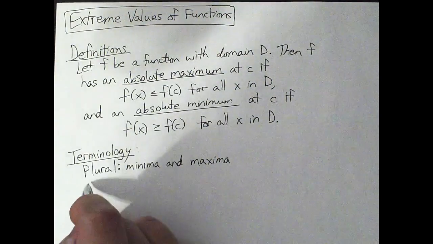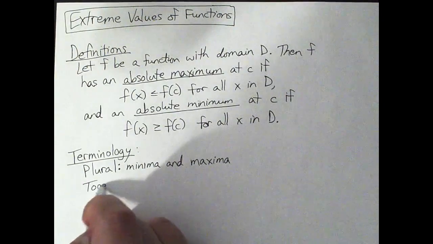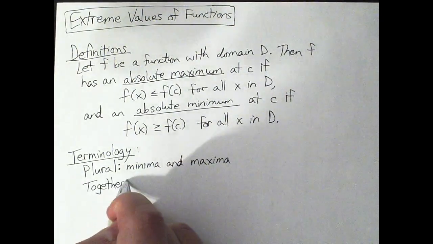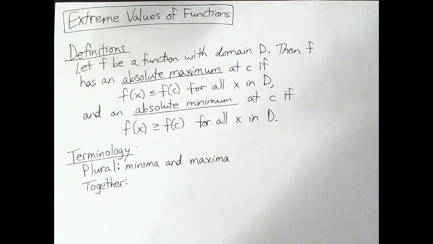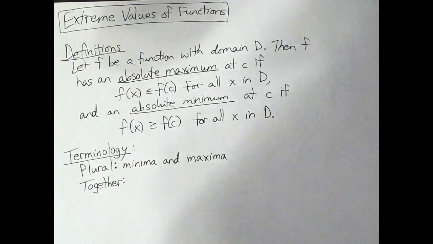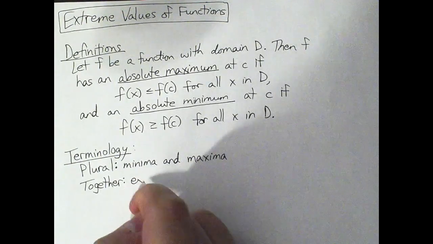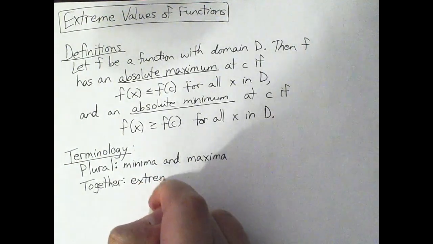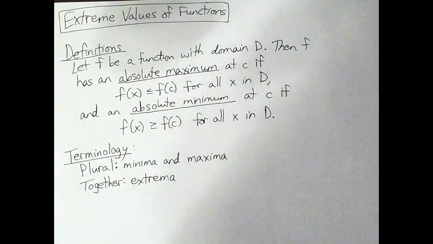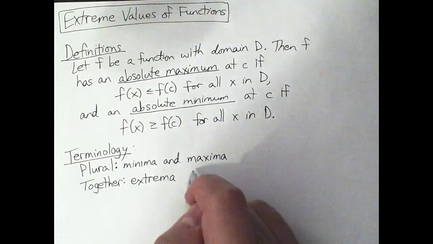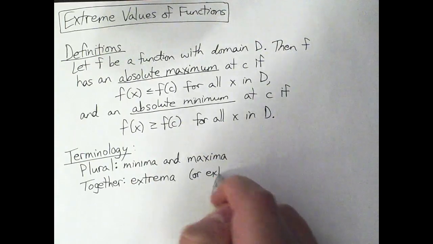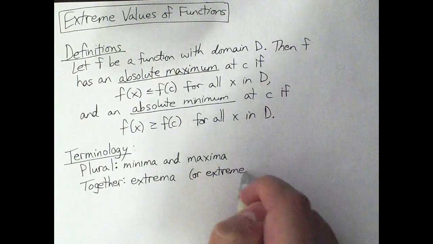We might want to talk about them together as an overall concept, like the concept of minima and maxima, and together we refer to them as extrema, or extreme values.